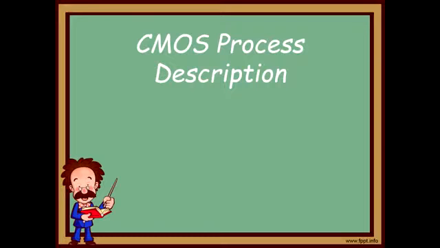So basically, for the CMOS process description, we will just describe again what we have discussed, because the CMOS process consists of the two divisions of the overall process flow. So again, these two divisions are the FEOL processes and the BEOL processes.